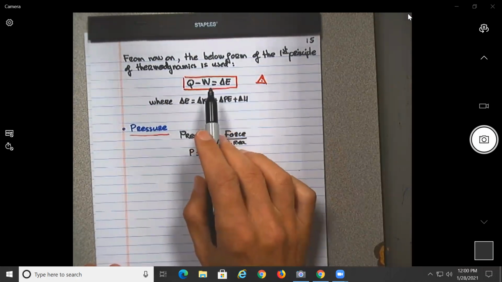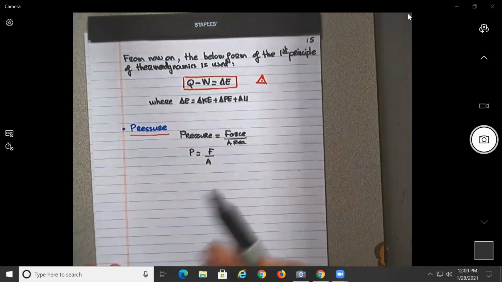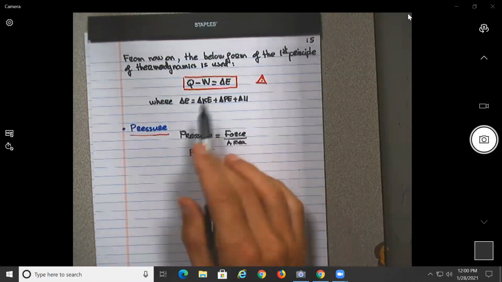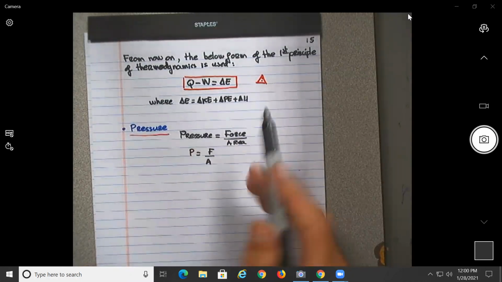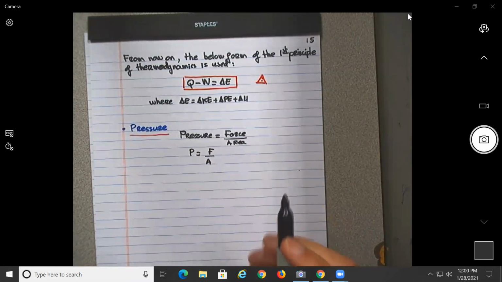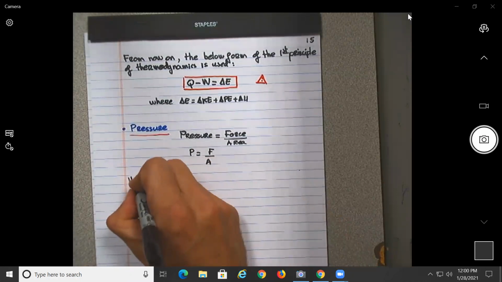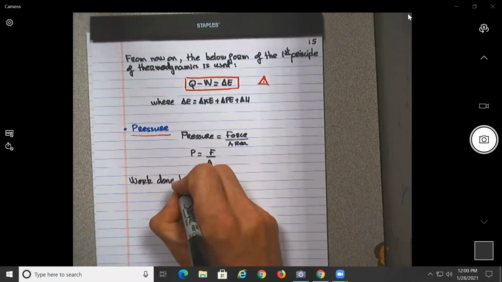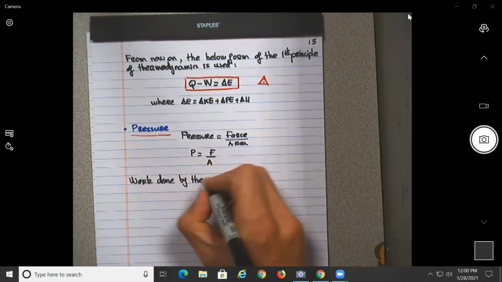And we said the work done by the force of the spring ends up being equivalent to 1/2 kx², no? What is the work done by the gravitational force? We ended up knowing that that was equal to mgh, and that is what we call at the end potential energies. All right? So now, what is the work done by the pressure?